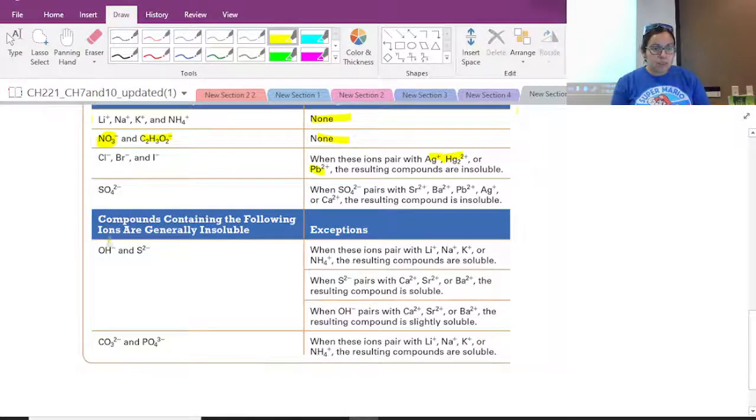Then just take in other exceptions. I'll probably bring a printout next week, or in lab I might have a few. I just didn't get around to it. We can see hydroxides tend to be insoluble unless, of course, they pair with our alkali metals here, and some of the alkaline earth metals are also soluble.